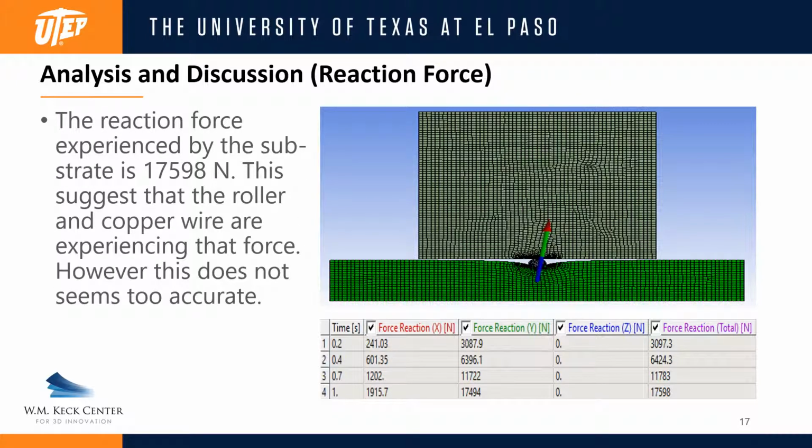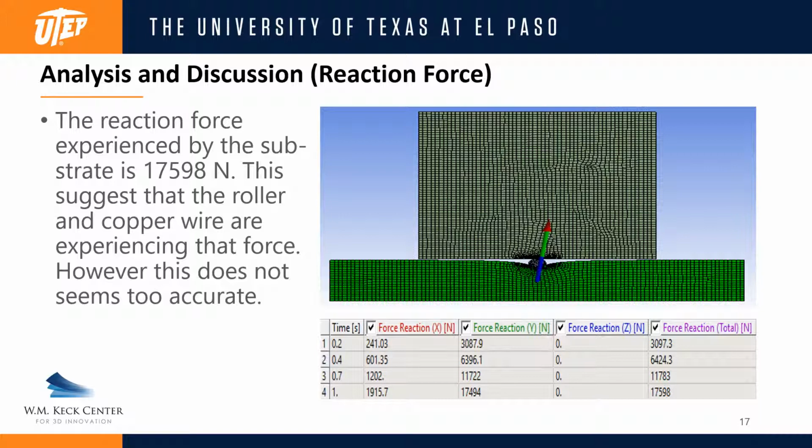Our next output from the simulation is the reaction force on the substrate after displacing the roller and the wire. We're having a reaction force of 17,598 newtons, which I don't think is very accurate. I will have to do a further study on the reaction force, since I think it's too big.